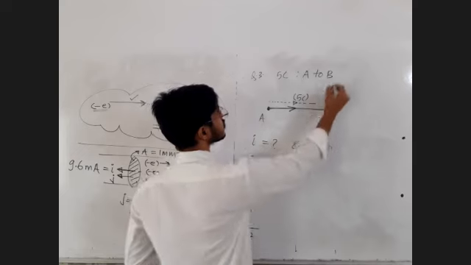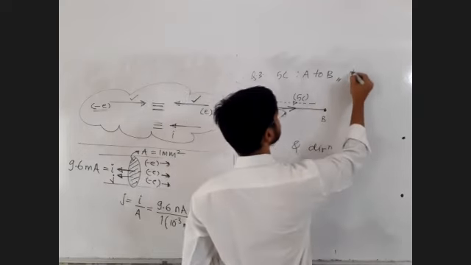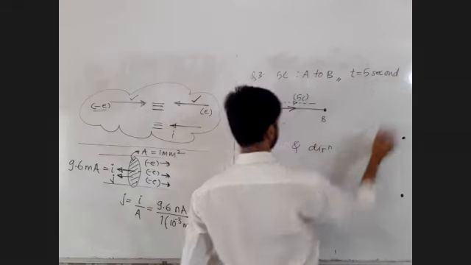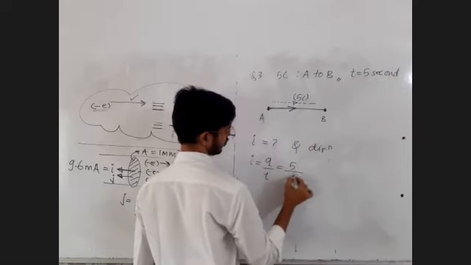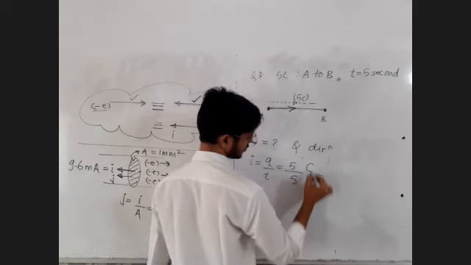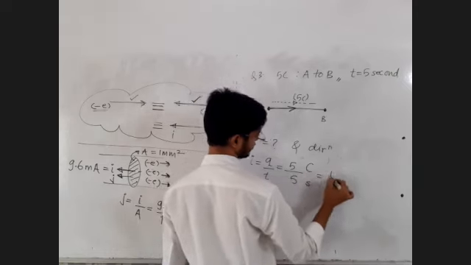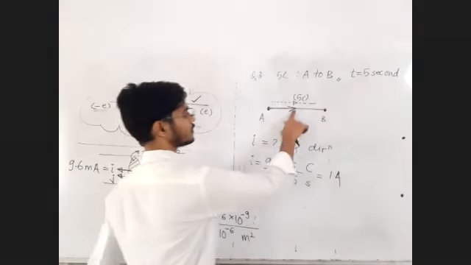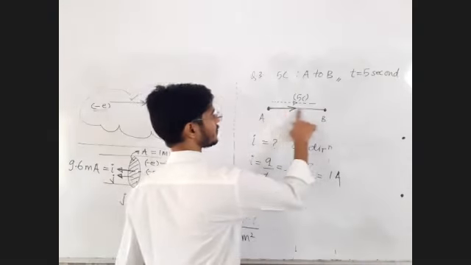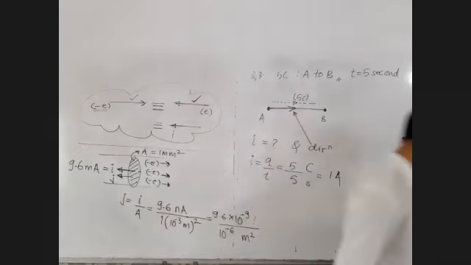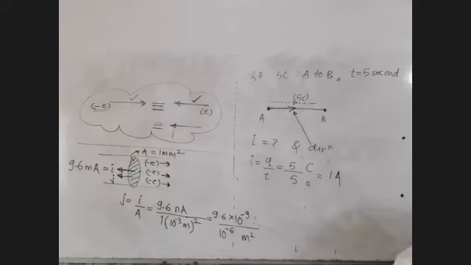The time taken is also given, 5 seconds. So that will generate 5 coulomb upon 5 second, 5 coulomb per second. Coulomb per second is ampere. So that will generate a 1 ampere current, and the direction will be this. On the wire, we have shown the direction. That's it. Clear and written. Fast.